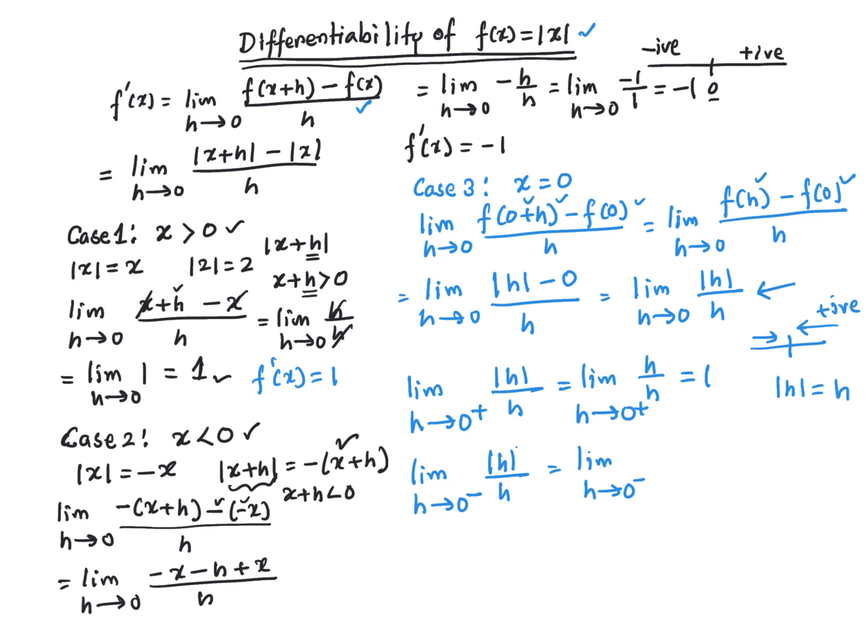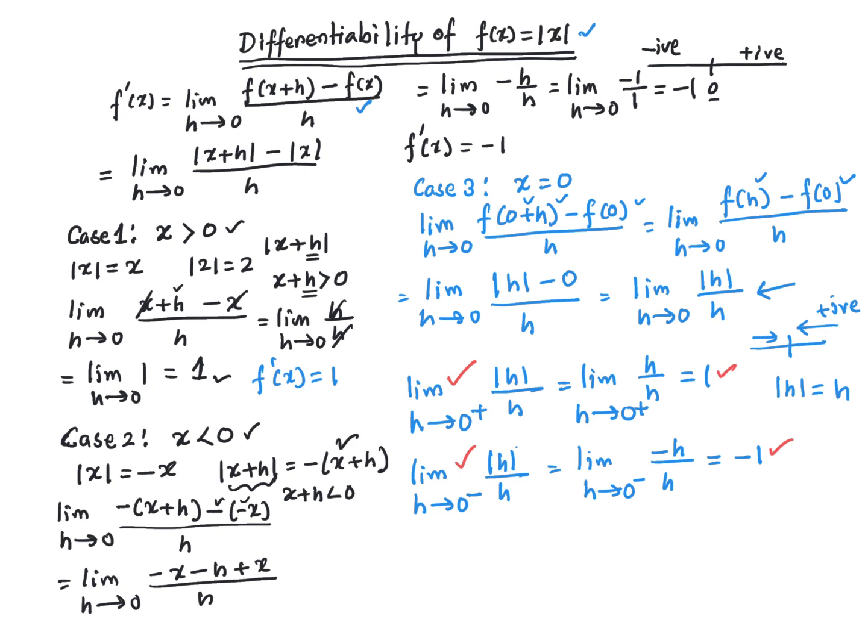So absolute value of that is going to be negative h, divided by h, and that limit is, by the way, negative 1.